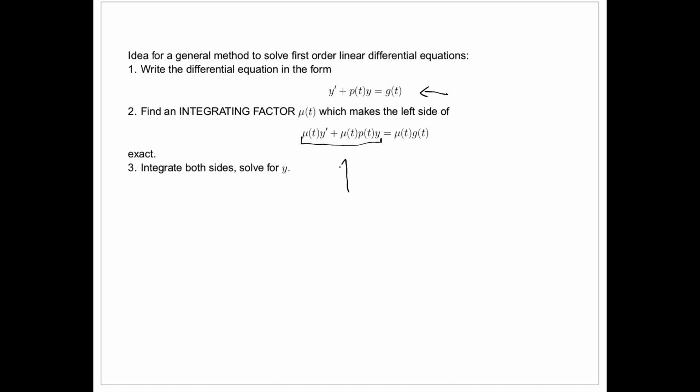Well, what does it mean for this to be exact? It means that this looks like some function f of t times y prime plus f prime of t times y. Is there a function f that makes this work?